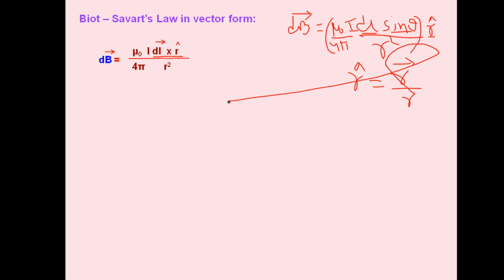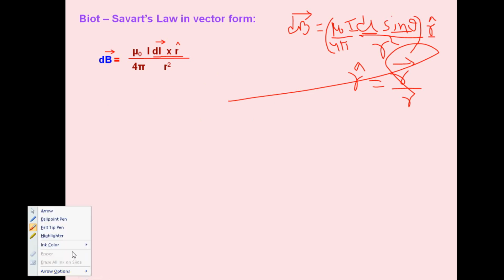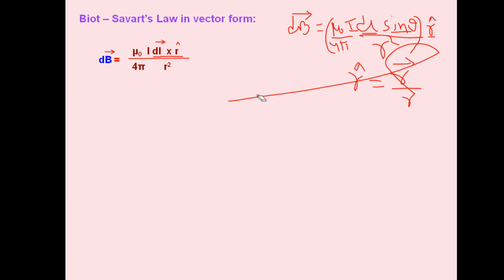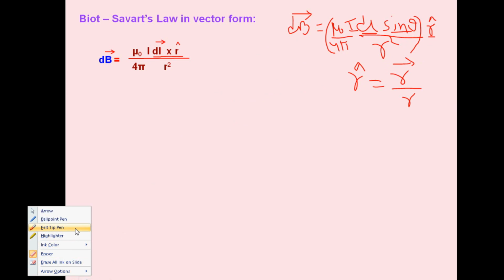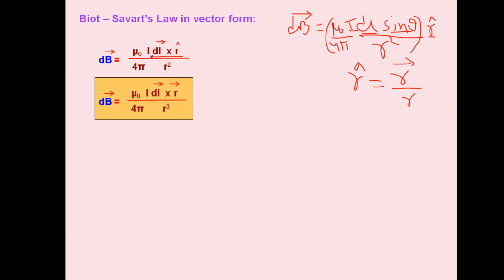So using this formula we can write the expression as I dl vector cross r vector by r square becomes r cube, because one r is there in the expression. From r vector, r cap is equals to r vector divided by r. So in this way we have written the expression.